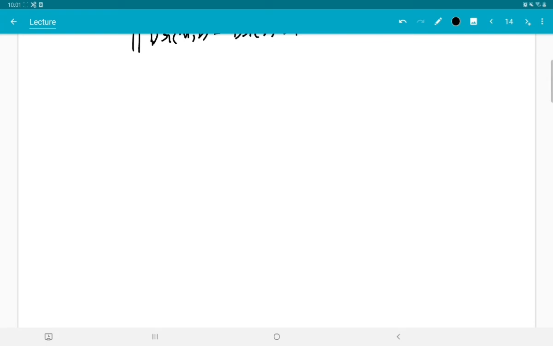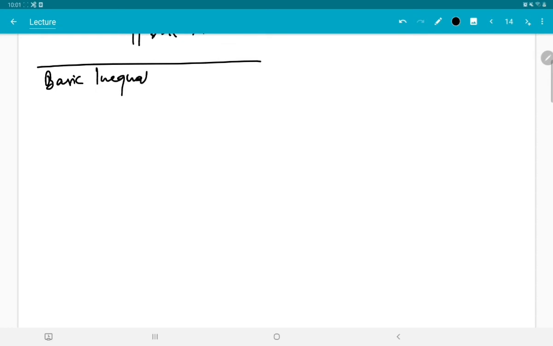Now we move on to proving a basic inequality. Let y be the concatenation of x and nu in S, and the residue at y not equal to 0.